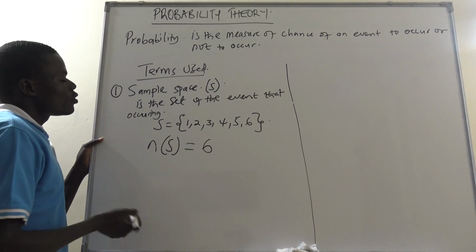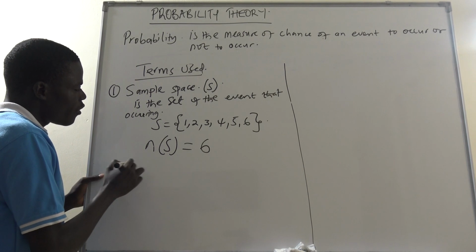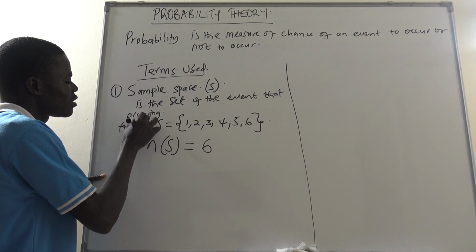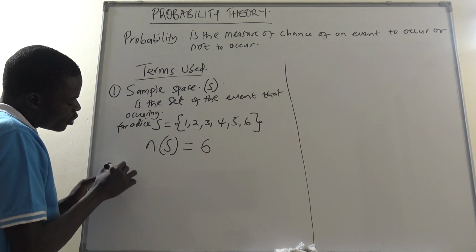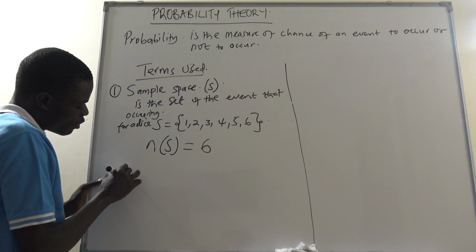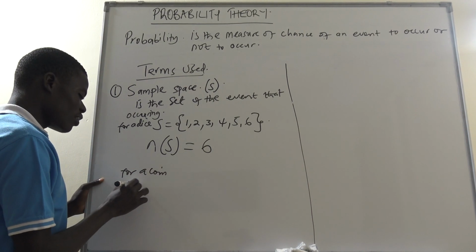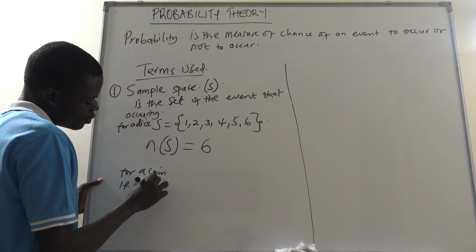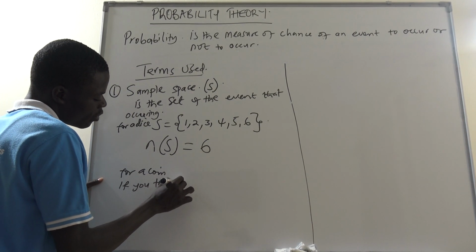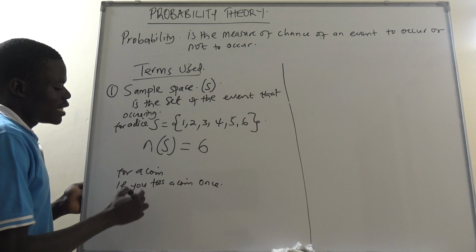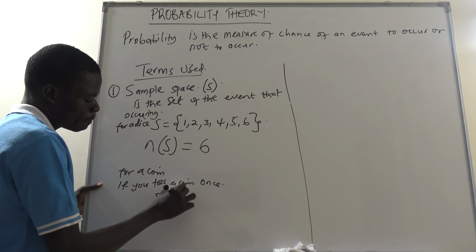So if you toss a coin once, what is the sample space of a coin?